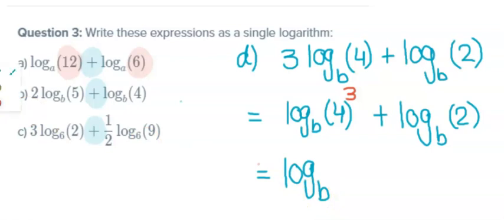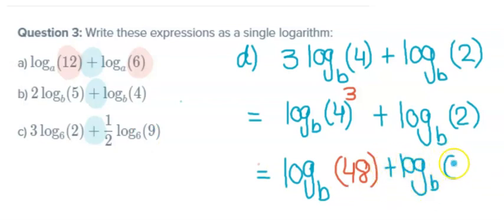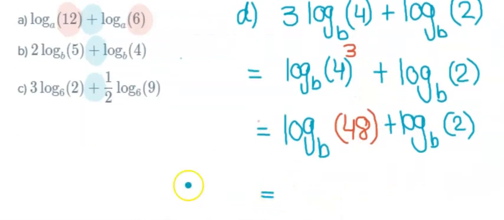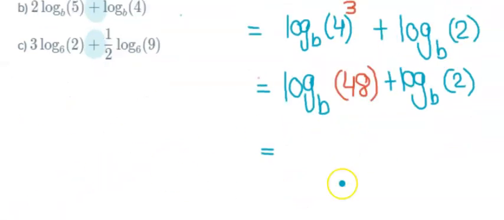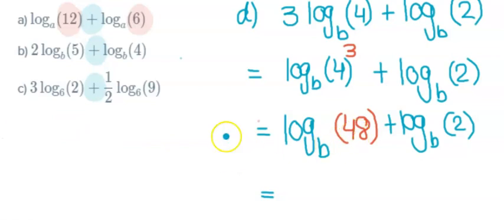Then, because both logs are adding, we just multiply them. 4 times 4 is 16. 16 times 3 is 48.